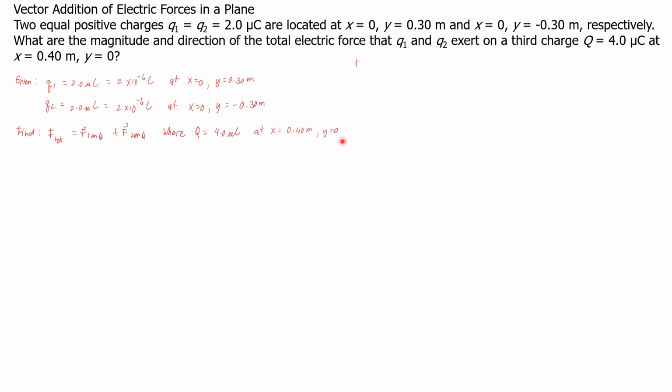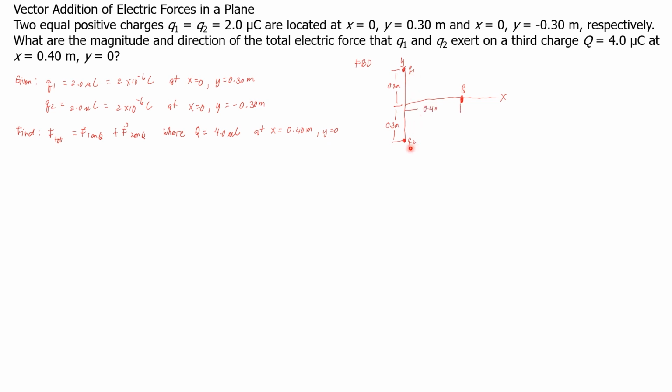So again, we need to illustrate this through a free body diagram. Drawing the x and y axis, here we have Q1, which is located at x equal to 0, this is the origin, and y is 0.3 meters.